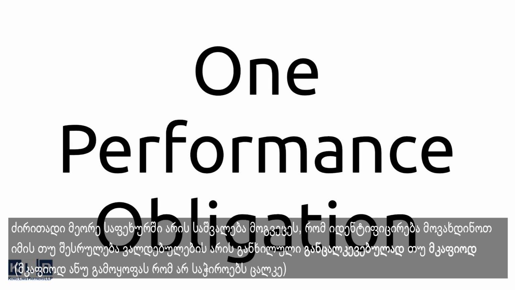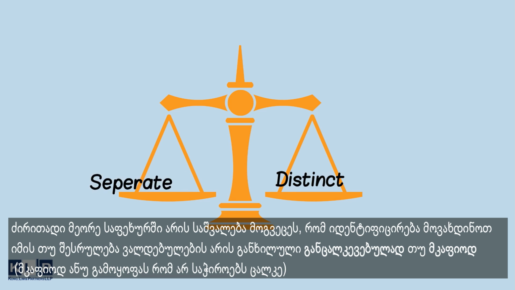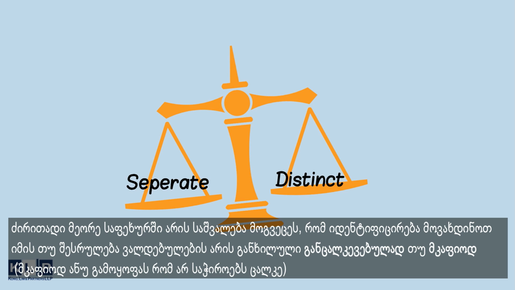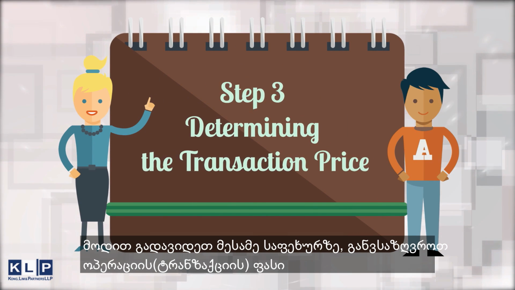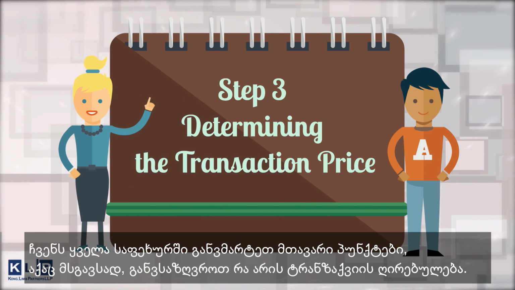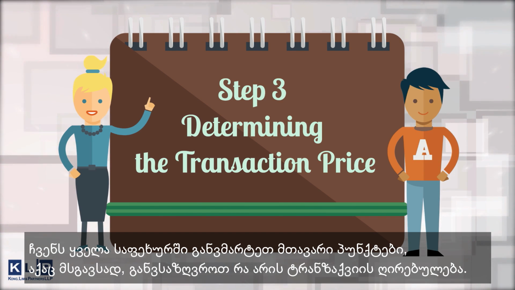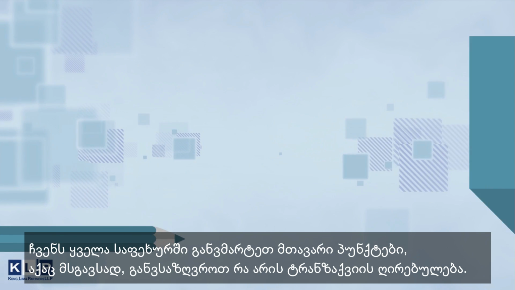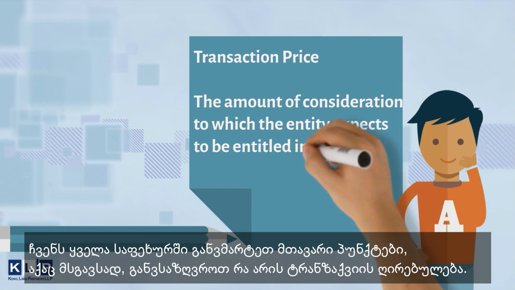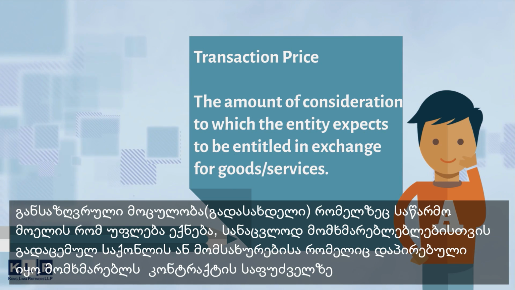The key thing in this second step is to be able to identify if the performance obligation is to be treated separately or distinctly. Let's move on to step 3, determining the transaction price. As with all our other steps, we define the main point in each step. Similarly, let's break down and identify what a transaction price is.